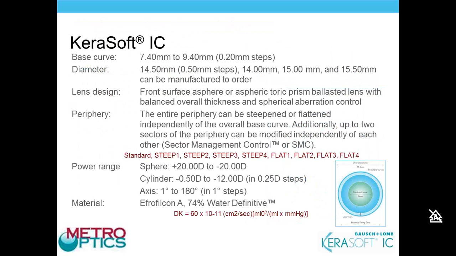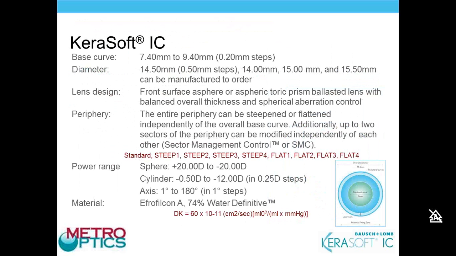So again, we're going to be using flatter base curves, as you can see from the parameters listed here. The standard diameter is 14.5, and that's in the fitting set, but it can be made smaller or larger in 0.5 millimeter steps. Now, the reason that the lens corrects the irregularity is because of the front surface optics.